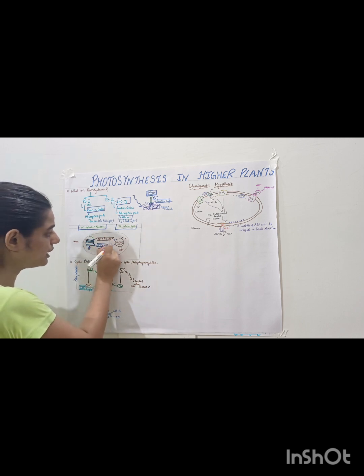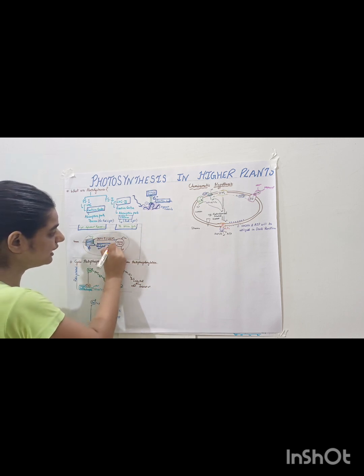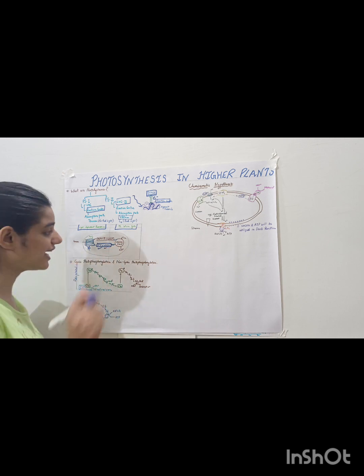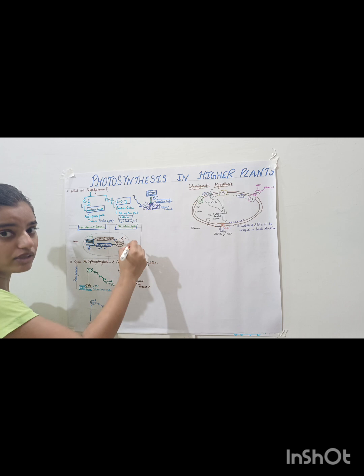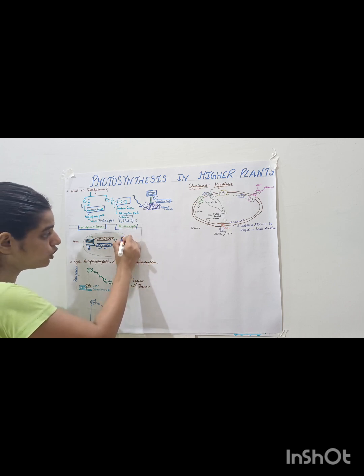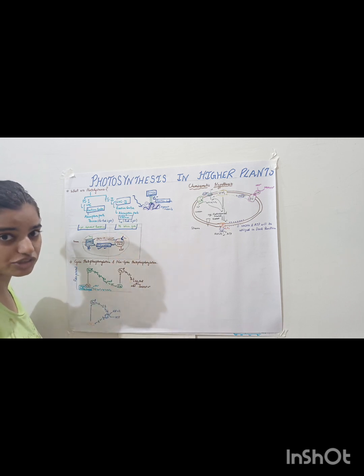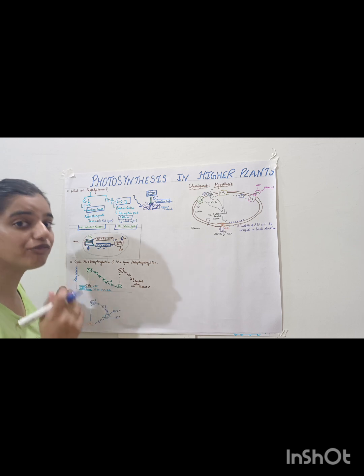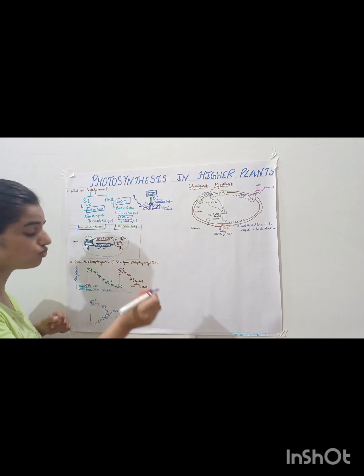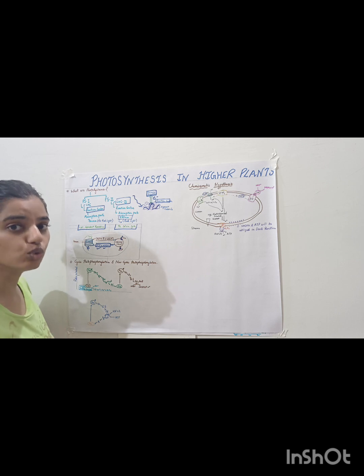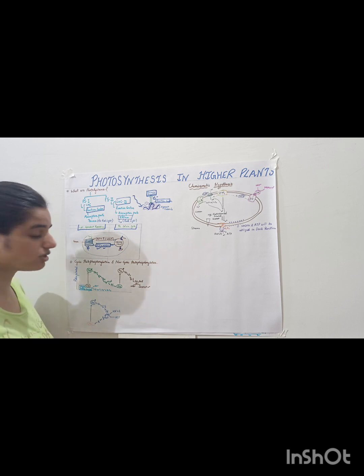That ATP and NADPH is utilized in the dark reaction, that is the Calvin cycle, where carbon dioxide from the air is fixed and converted into triose phosphate for the production of glucose and then further starch.